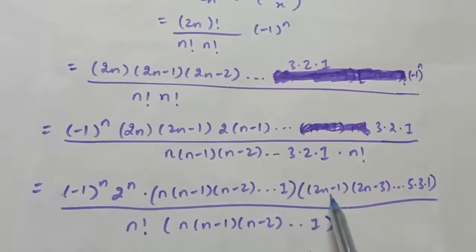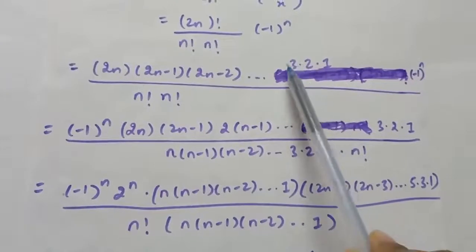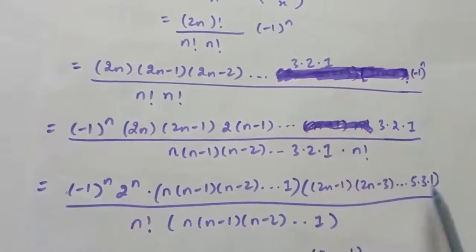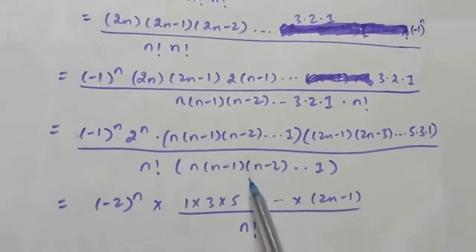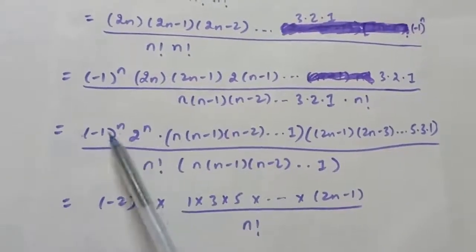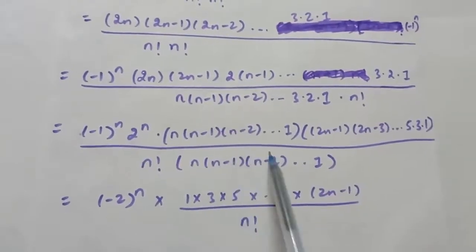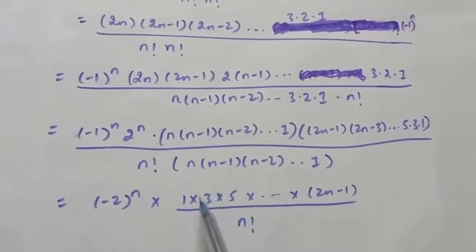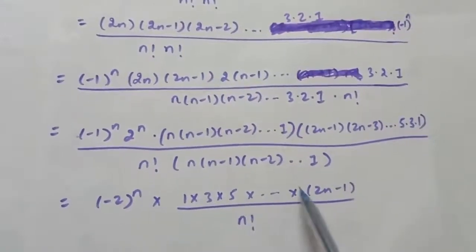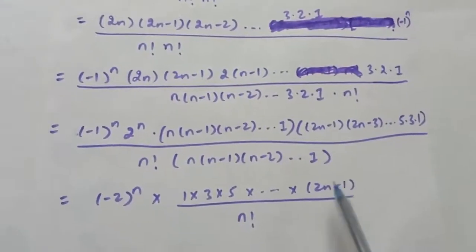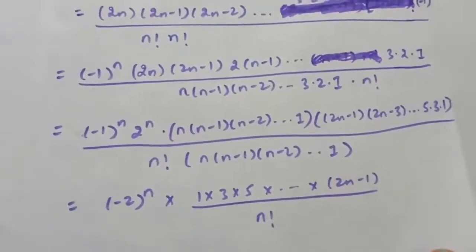And the odd terms will be 2n minus 1, 2n minus 3 and so on, 5, 3, 1, upon n factorial as it is and this also as it is. Now combining these two, minus 2 raised to the power n, this whole gets cancelled with this. So you will get 1 into 3 into 5 and so on up to 2n minus 1, upon n factorial. This is what we wanted to prove.